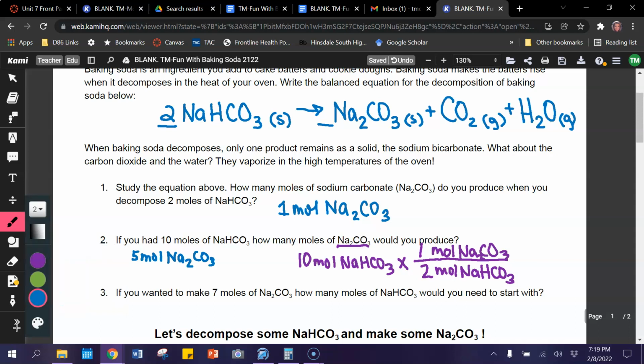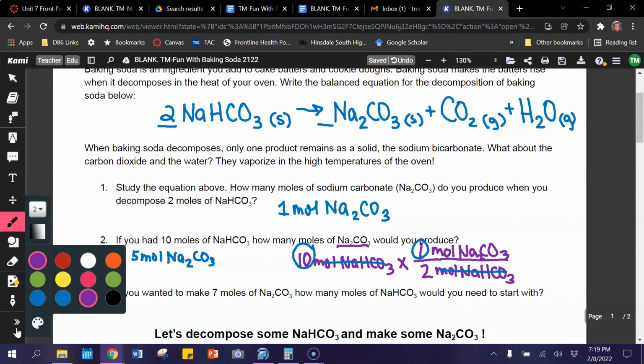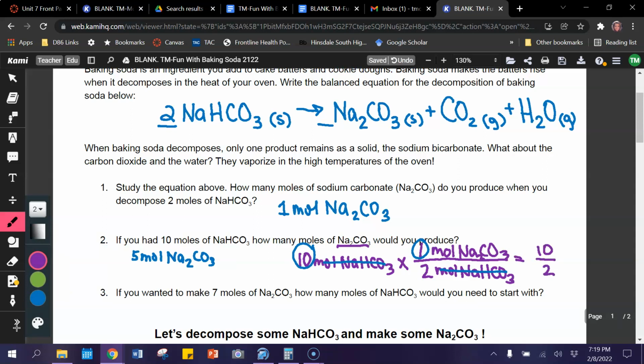So now to perform this operation, I'm going to cross out moles of sodium bicarbonate, and I'm going to multiply 10 times 1, and that's going to give me 10 on the top and 2 on the bottom. And what is 10 divided by 2? Well, it's 5, of course, and that's exactly what we started off with at the beginning of the problem.